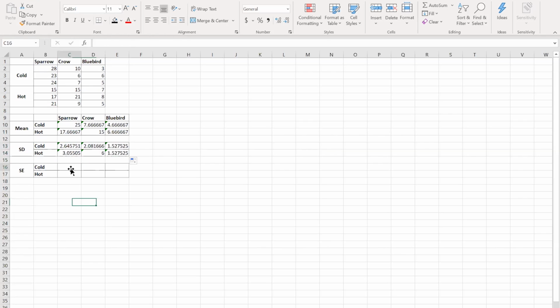And then finally, we need to calculate the standard error. There isn't a function for the standard error. Remember, we have to actually type in an equation. The standard error is the standard deviation divided by the square root of the sample size, which in this case is 3.